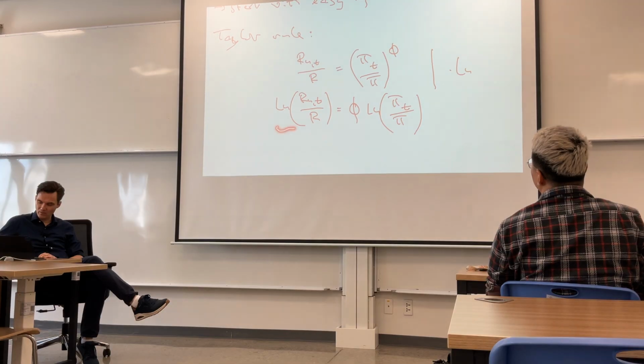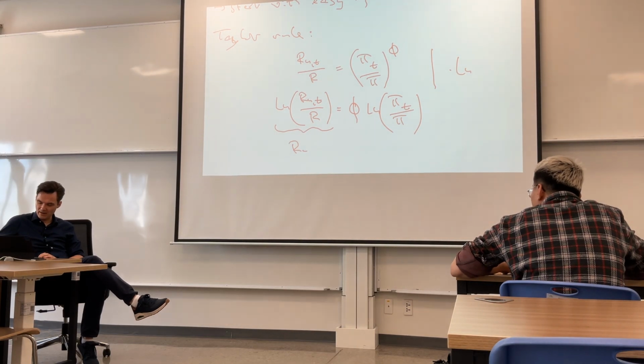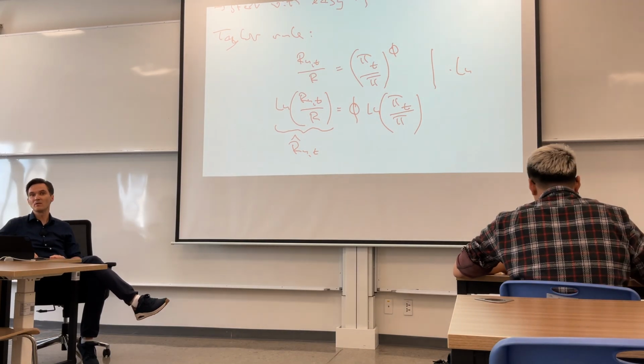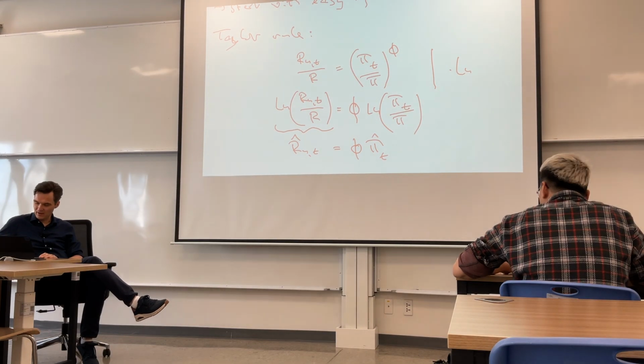So what we often call this is just R_{n,t} hat. That was the definition of a hat variable. These are log deviations, or you can interpret them as percent deviations. So then that's equal to φ times π_t hat. So that's the same there, of course.